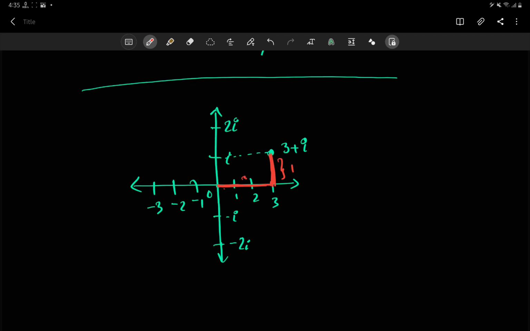So let me write the 3 here, and if we connect this point 3 + i from the origin, we create a right angle triangle. And what's the length of the hypotenuse of this right angle triangle? Well, it's root over 3 squared plus 1 squared from Pythagoras' formula, right?